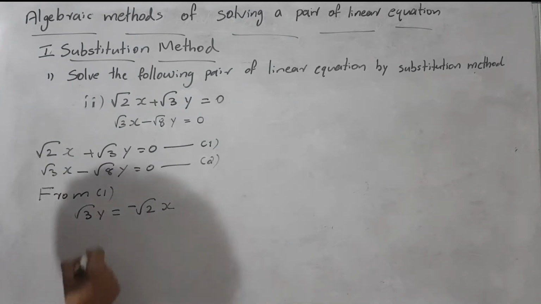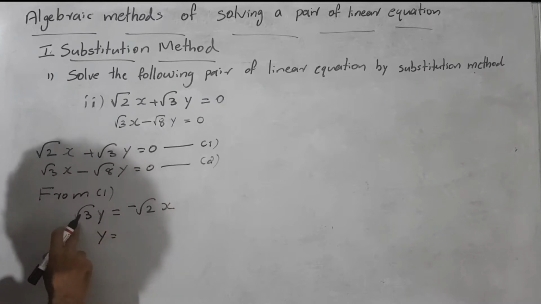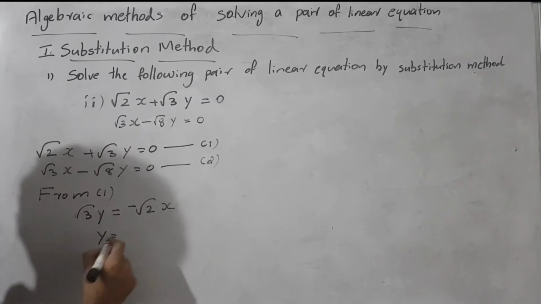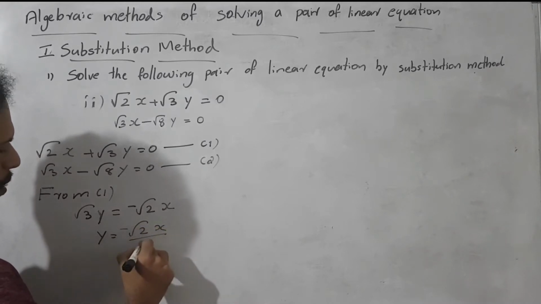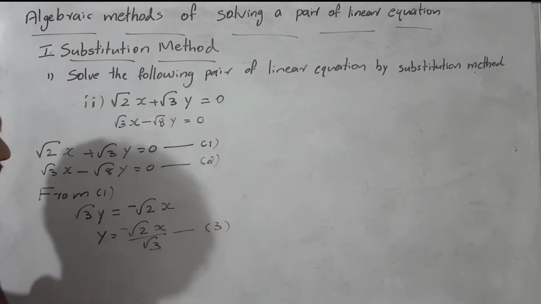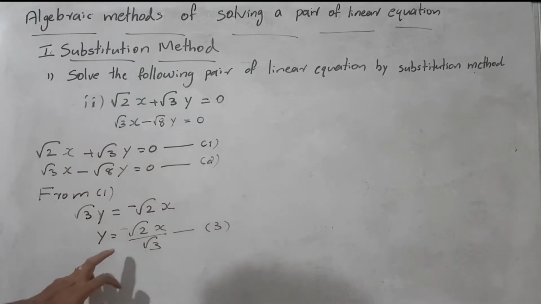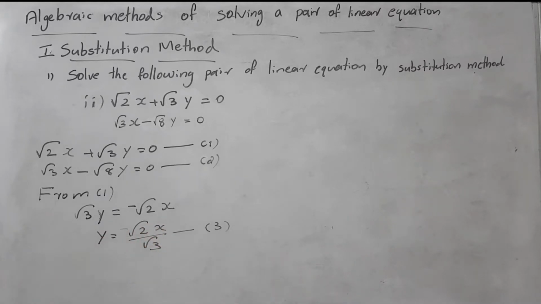Correct? Therefore y is equal to, again we need to transpose root 3, then what is the change? Minus root 2x by root 3. That's equation 3. Correct? y is equal to minus root 2x by root 3.